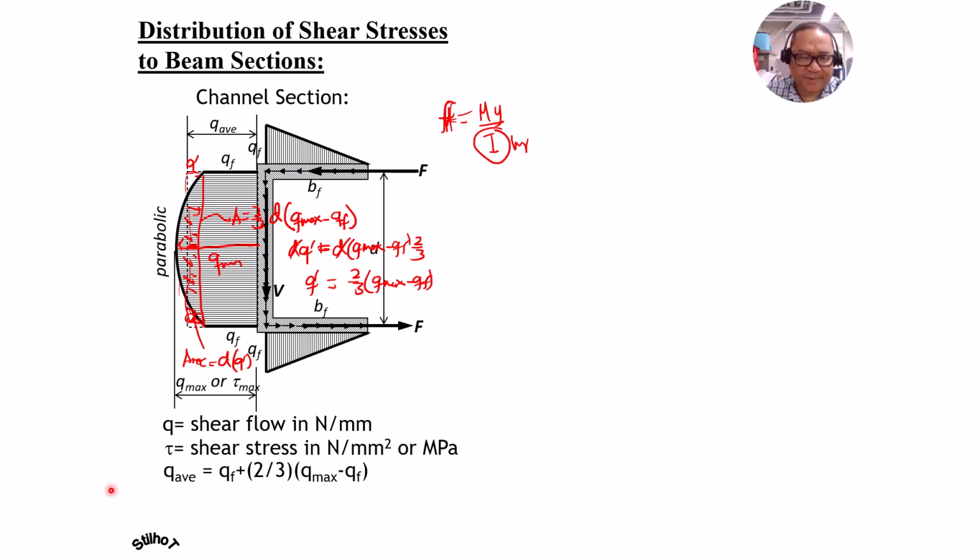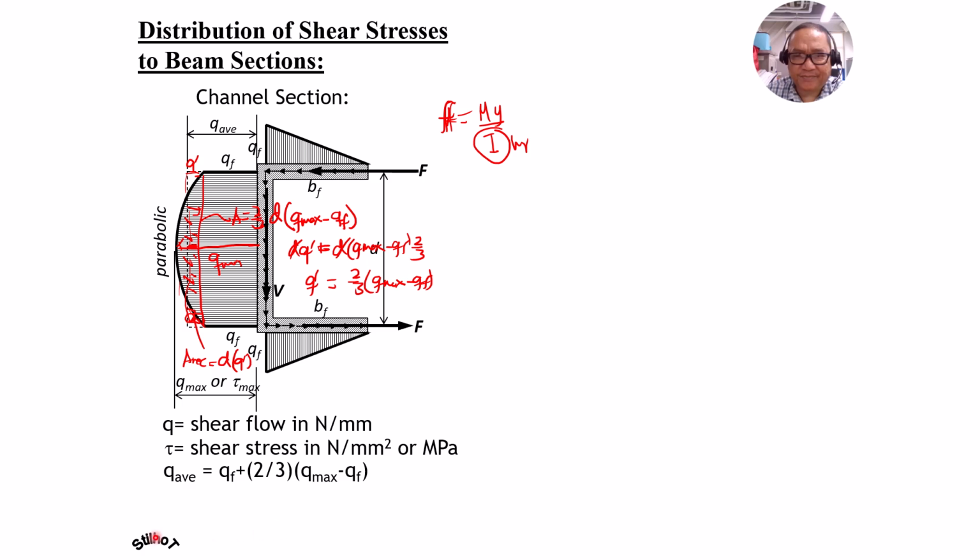So Q average is, as I said, QF plus, because the area of the parabola is 2/3 base times height, and the base is D, so it is equal to 2/3 of Qmax minus QF. So that's the idea. You don't need to memorize.